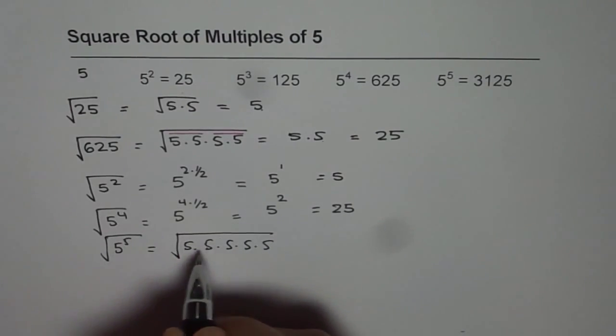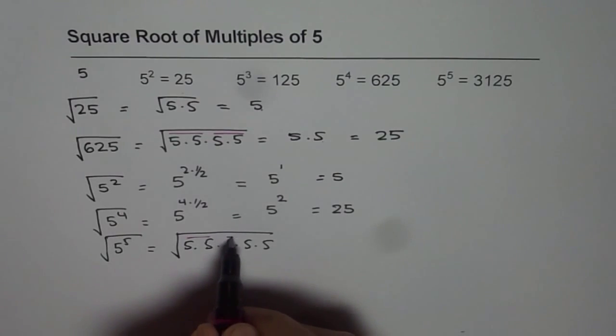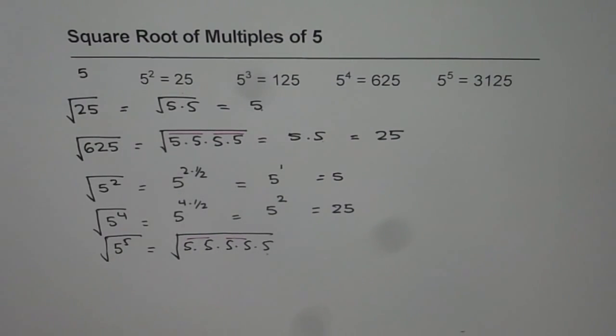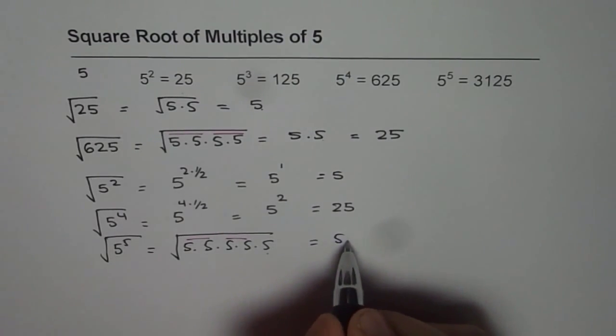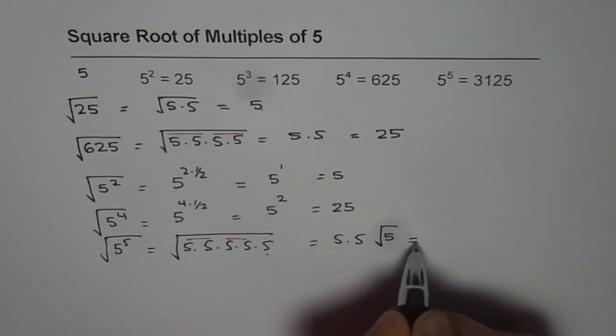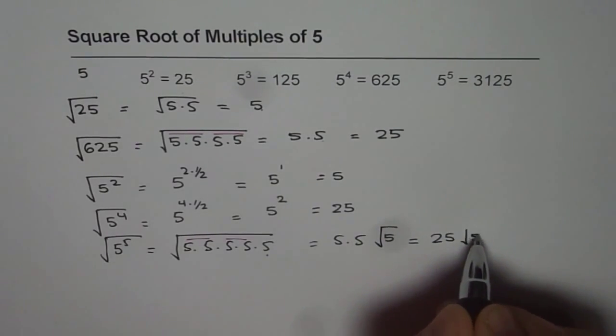They have a set of five 5s. If you group them in twos, you do get two groups of 5s, but not the third one. So the answer should be 5 times 5, but this remains within the square root, right? And therefore the answer is 5 times 5, which is 25, times the square root of 5.